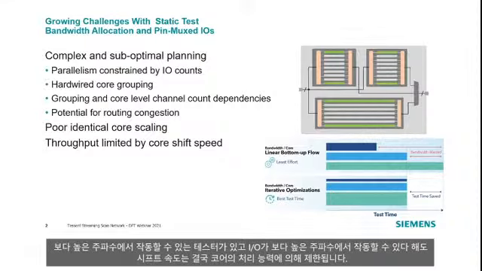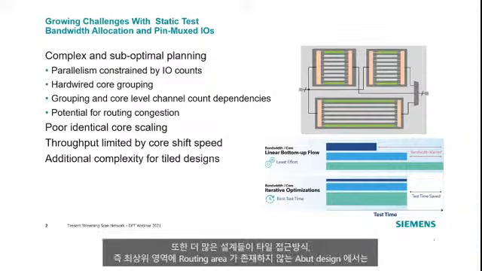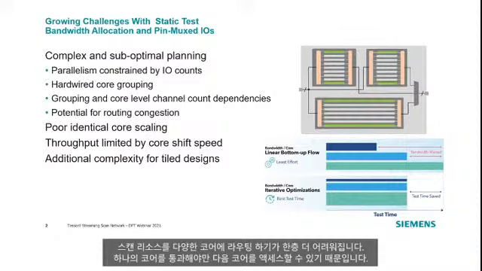So even though you have a tester that can operate at a higher frequency, and even though your IOs can operate at a higher frequency, your shift speed is limited by what the cores can handle. And as we see more designs using a tiled approach, tiles with abutment, where you don't have this top-level routing layer, it becomes even more challenging to route scan resources to the various cores, because you have to go through one core to get access to the next.